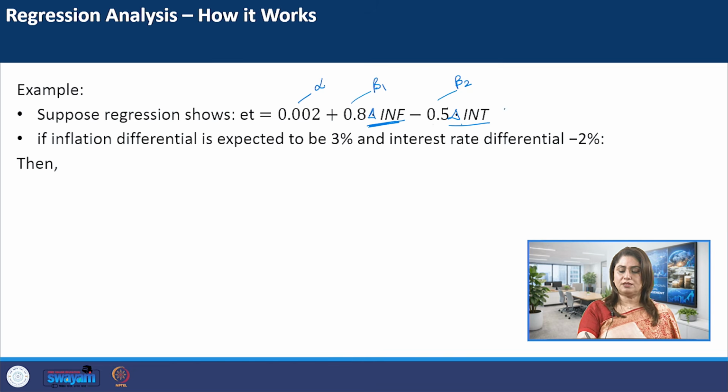Now, we have got this through the regression equation because we have regressed. What have we regressed? We have regressed the changes in exchange rate on these variables, and we found these relationships among those variables. This is the dependent variable and these are the independent variables.